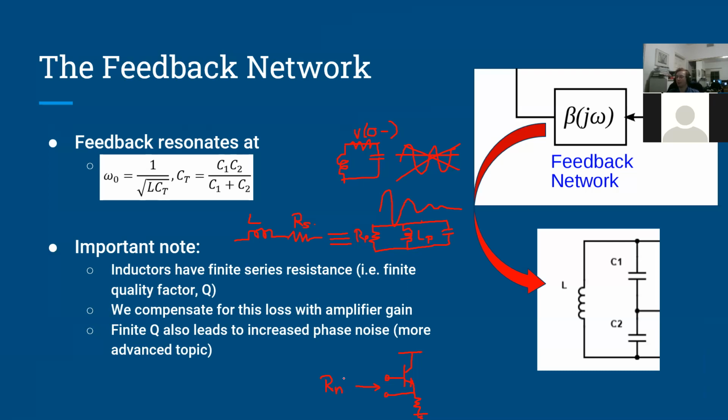And so what we want to do is make Rn equal to minus Rp, which again is this parallel resistance. So what we'll get in the end is your parallel resistance Rp, we have our inductor, we have our capacitor, and then we have that resistance Rn, which is equal to minus Rp.